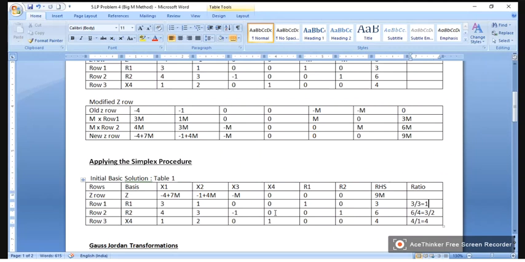Then you prepare table 2. You know the procedure. You have to carry out the Gauss-Jordan transformations.